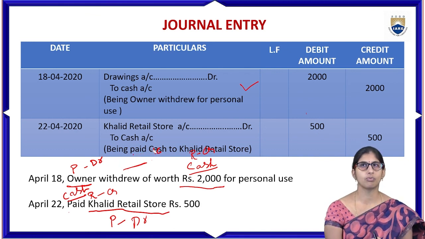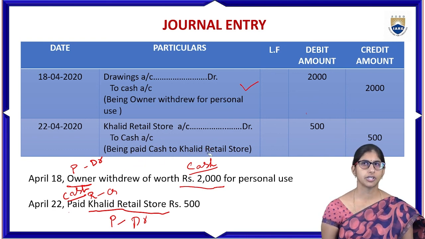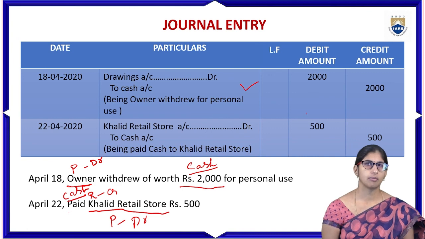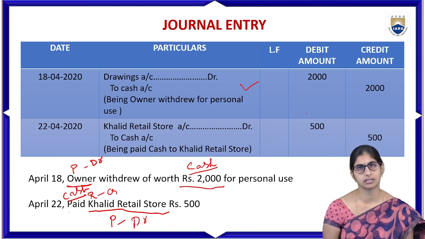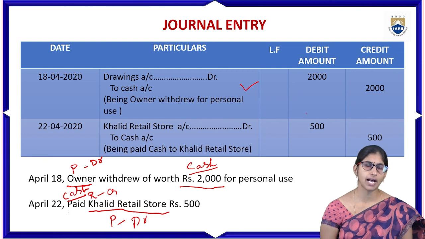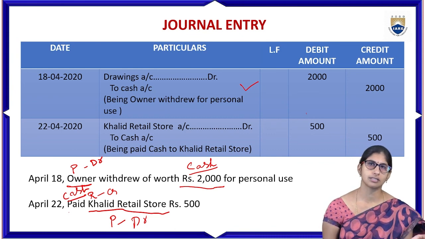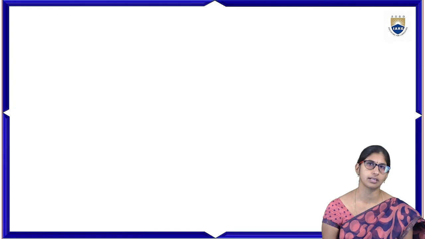So this is how we are going to write or pass the entries in the journal book by applying these three rules of accounts, that is real account, personal account and nominal account. Once these entries are passed in the journal book, then all those entries are to be posted in the ledger accounts, which we will discuss in the next session.